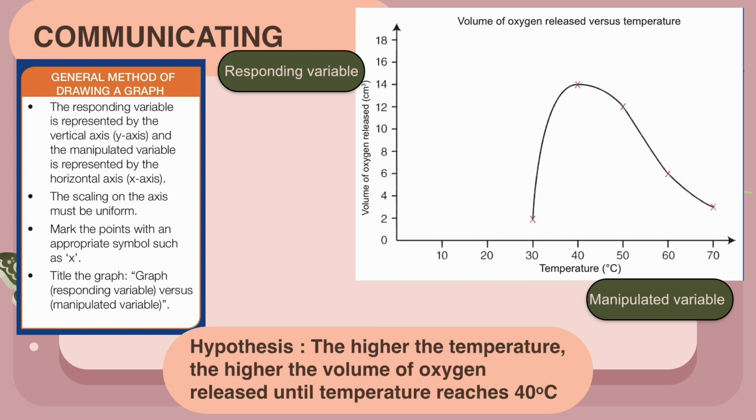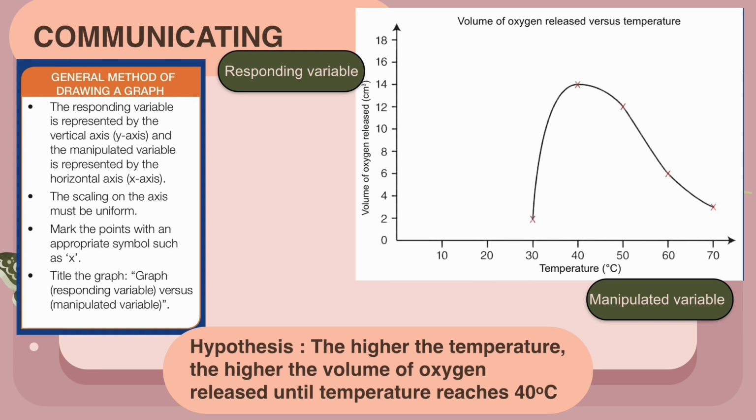The scaling of the axis must be uniform, and all the points must be marked using symbol X, and it must be clear. The title of the graph would be Graph of your responding variable versus manipulated variable. For example, in this case, volume of oxygen release versus temperature.